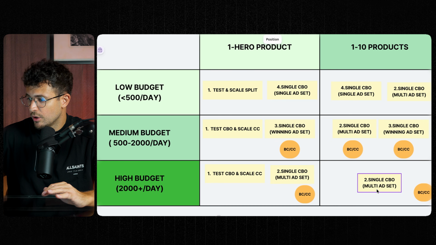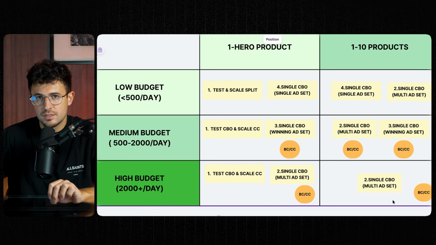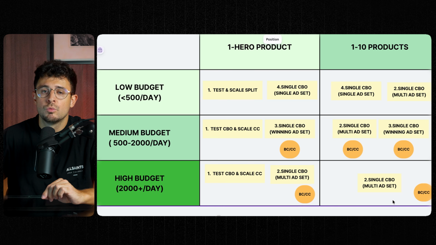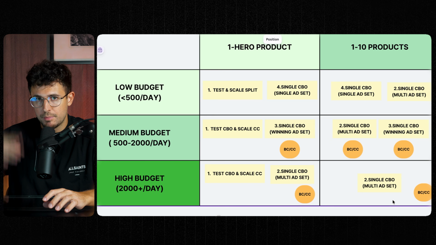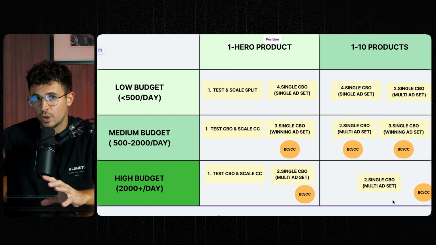And then finally you want to go in this situation where you really spend a lot of money and so you cannot check things simultaneously, and what you want to do is just have a single CBO setup, multi-ad set without the winning ads inside a single ad set, otherwise it might cause creative overlapping across all the different creatives that you already have inside the campaign, and a bid cap, cost cap on the side. Ideally, you want to have this for each product that you have.